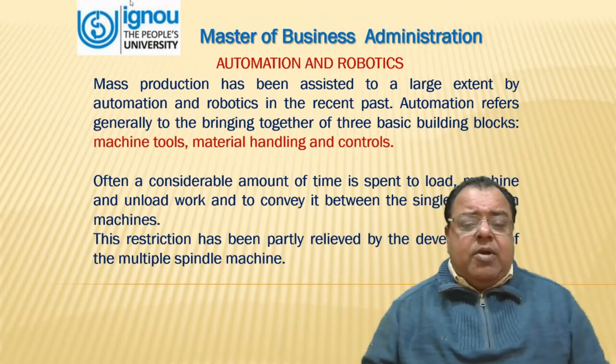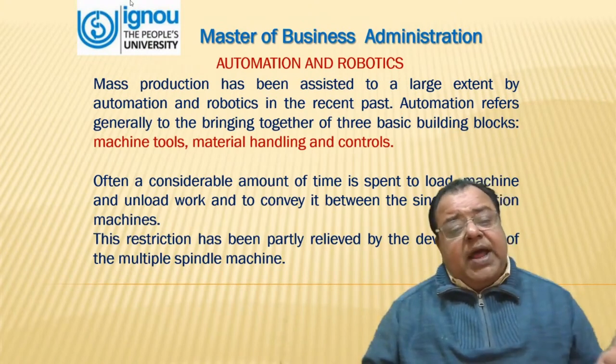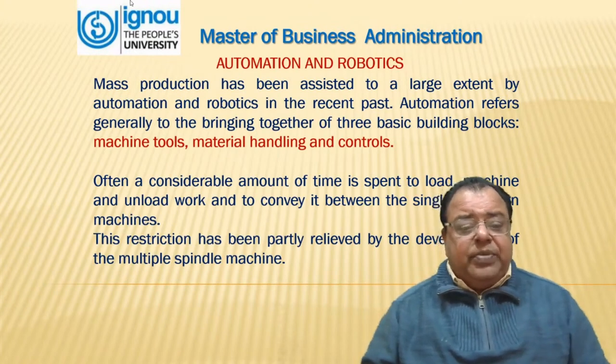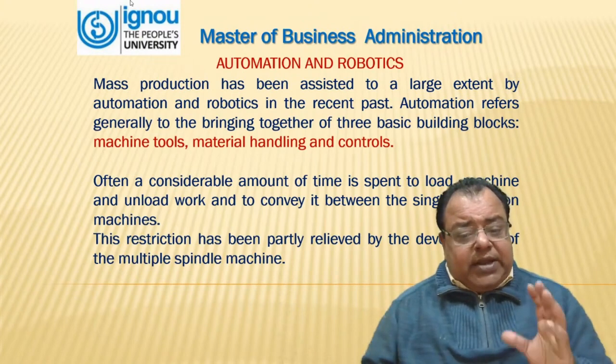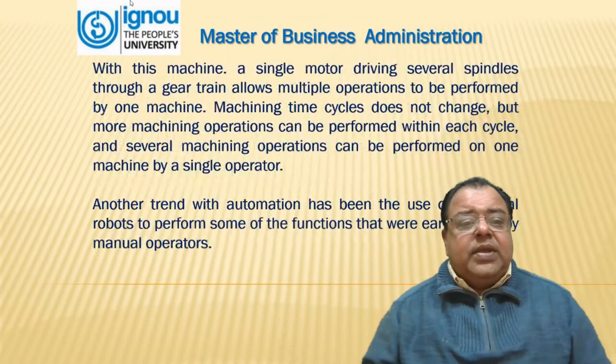Often a considerable amount of time is spent to load and unload work and to convey it between the single operation machines. This restriction has been partly relieved by the development of multiple spindle machines.